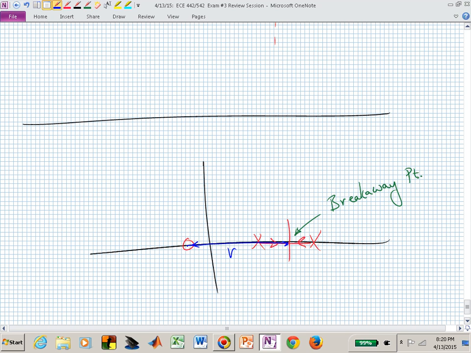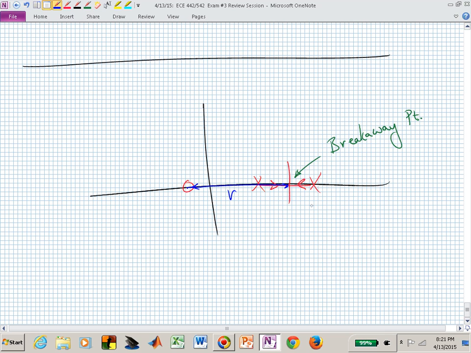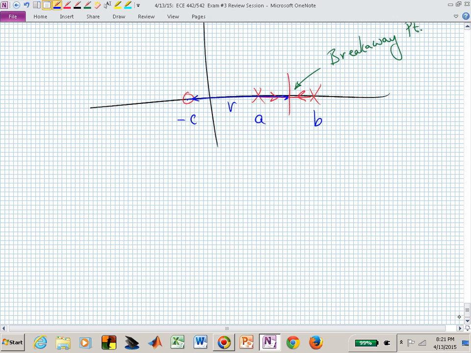So now to calculate the breakaway location, that's the relative maximum of K determined by your K formula. So you'd have to know where your poles and zeros are. But if this was, let's say, at B, and this was at A, and let's say this was at minus C, then you would have a K that's Z minus A, Z minus B over Z plus C, assuming there was no gain variable in the system.